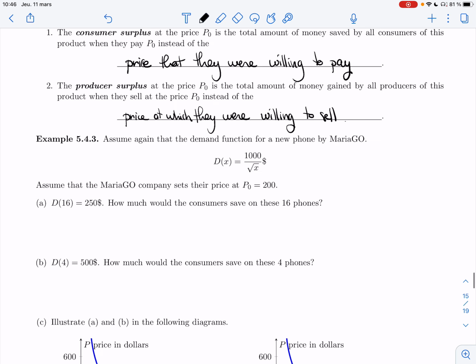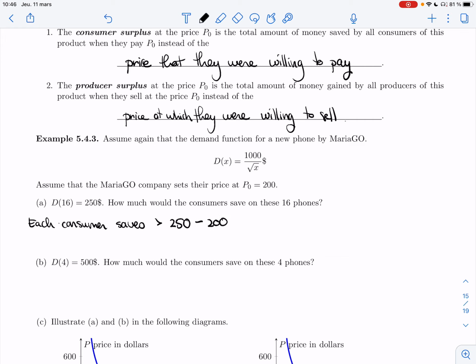All right, well, they were willing to pay, so let's say each consumer was willing to pay at least 250, but they only pay 200.